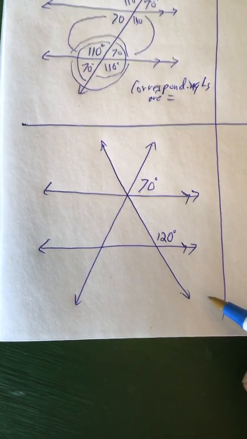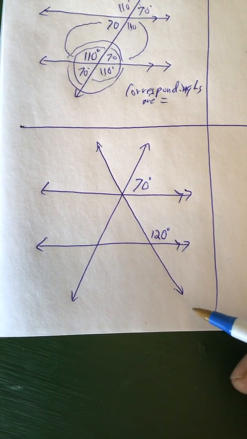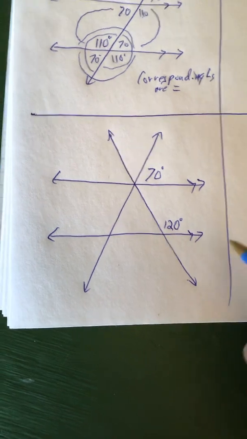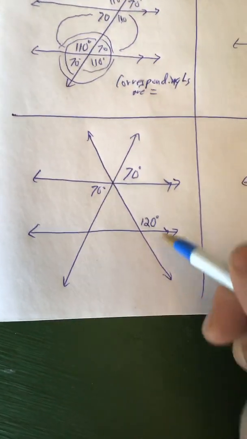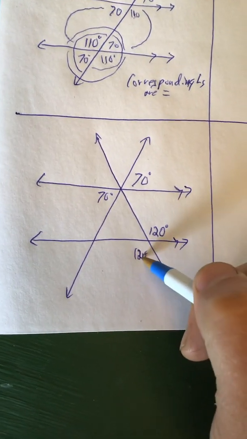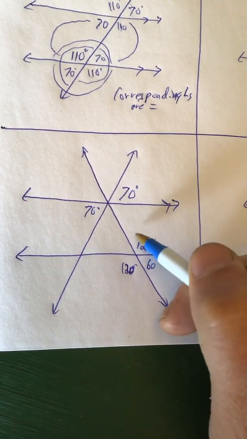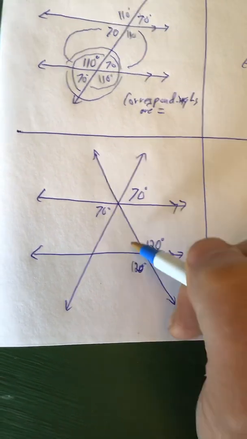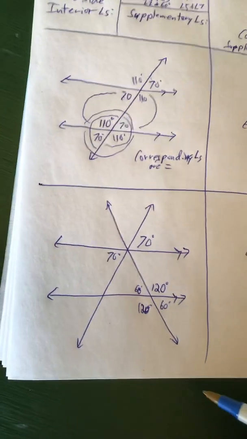But I sure encourage you to pause and try. Try and get them all. It's all right, I'm going to go. So here's an easy one. This is 70. I'm just going to do these ones first. If this is 120, that's 120, because those are vertical. Now if this is 120, this is 60 because aren't these supplementary? And this is 60. So there's all your super easy ones there.